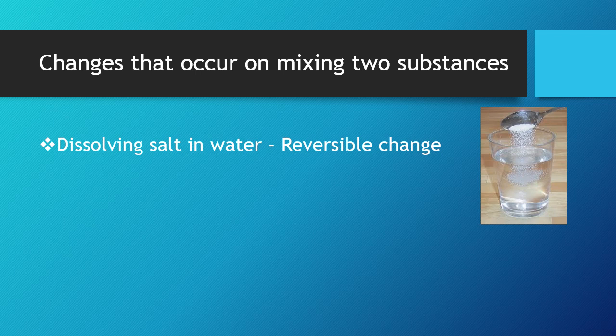Yes, by heating the salt solution and condensing the water vapors back, we can get back salt as well as water again. So, dissolving salt in water is actually a reversible change. So, this is one change that occurs when you mix two substances.